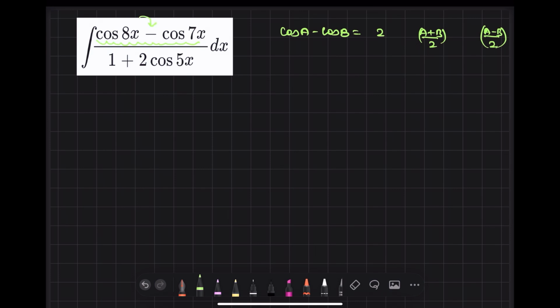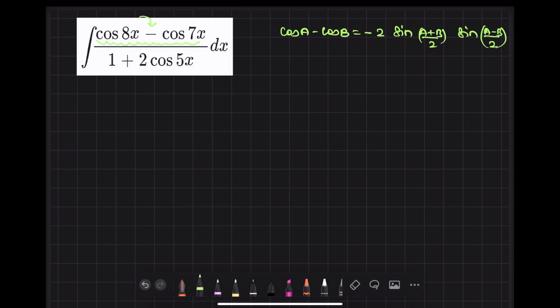So if it is cos A minus cos B, you will go to cos A minus B, and if it is minus you will be using the second component, if it is plus you will be using the first component. So this is sine. Okay, and also you know that for this part we have suggested you guys to keep an extra minus, correct? Now apply this formula over here.